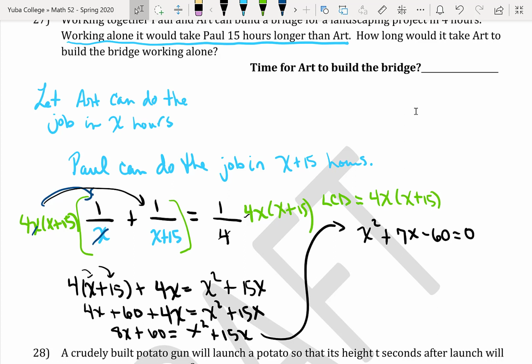and solving. And so notice that this is an application problem, and so you need to make sure that your answers make sense. And we have -12 as an answer. Can Art do the landscaping job in -12 hours? Well, that doesn't make sense, so no. But Art can do the job in 5 hours.